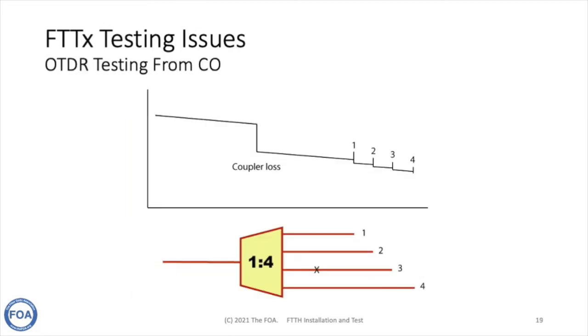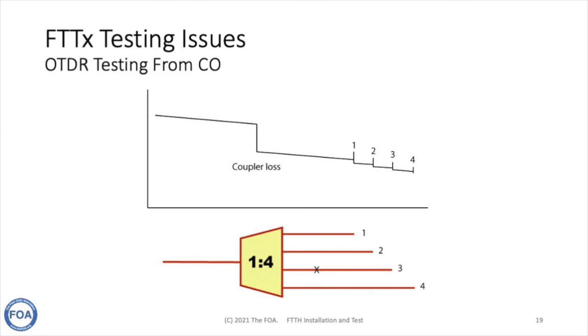I expect you'll be surprised the first time you use an OTDR on a passive optical network and look at the signature that you get going through a splitter. Because if you're shooting with the OTDR down the single fiber input to a splitter, it will go through the splitter and you'll see the loss of the splitter, but then you will be seeing the backscatter signal summed from all the fibers on the far side of the splitter.